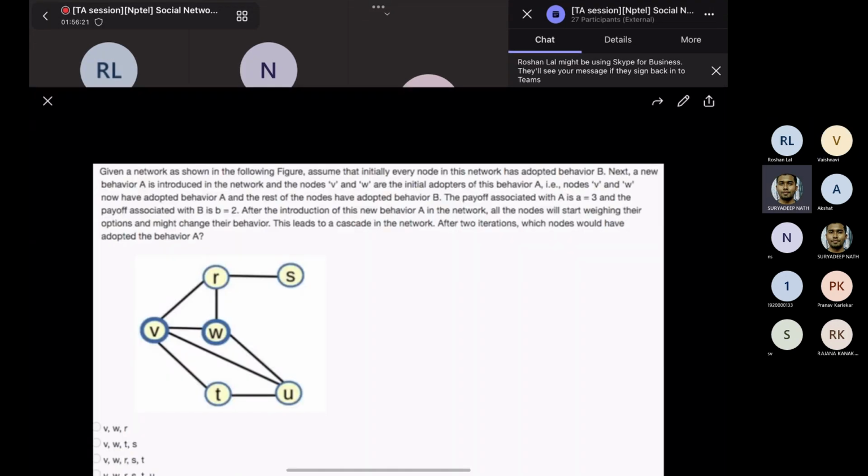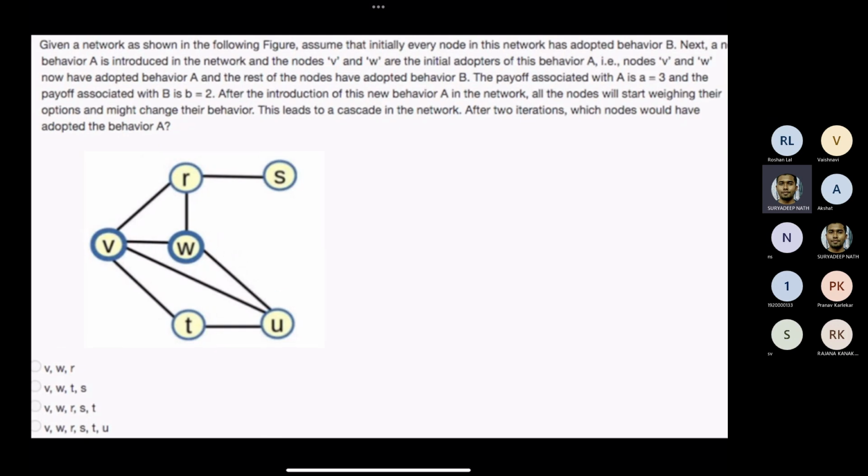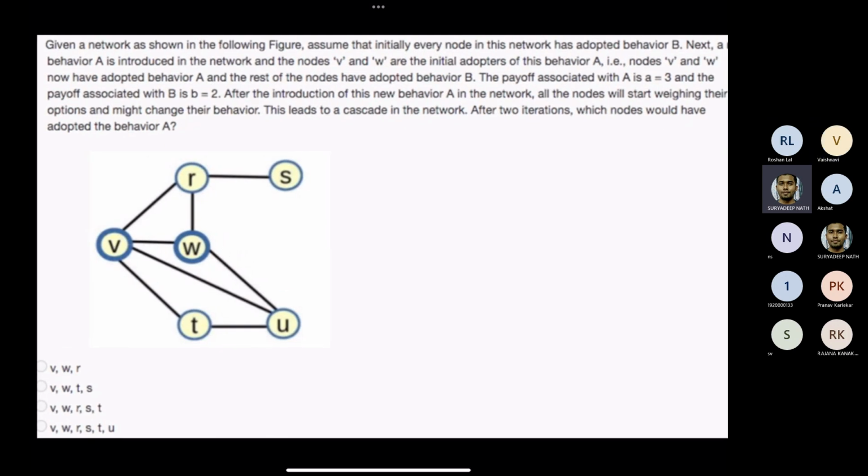Okay, one minute just to revise the question that you asked previously. When we look at this cascading model, once a new idea is adopted, we don't consider that it can be replaced. What we did not consider in the last explanation was that V and W can also change.